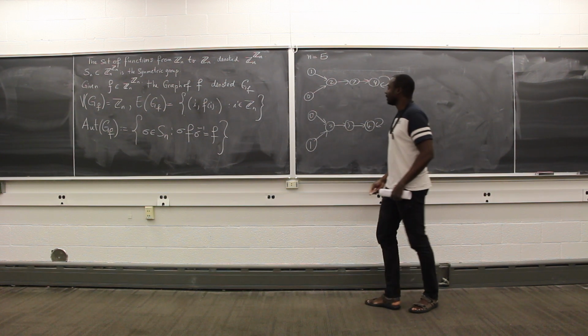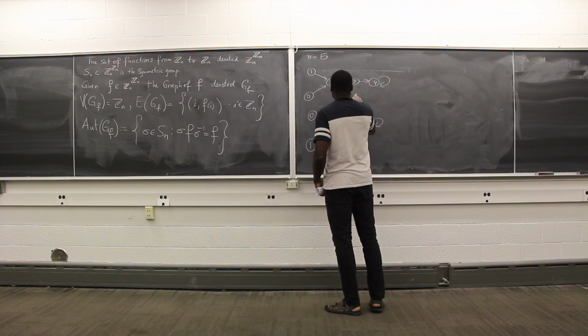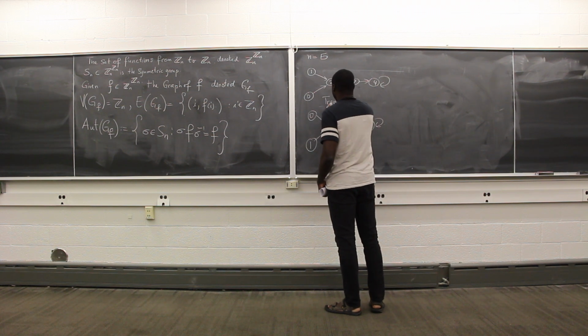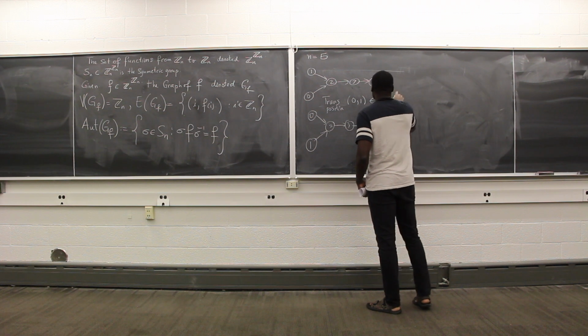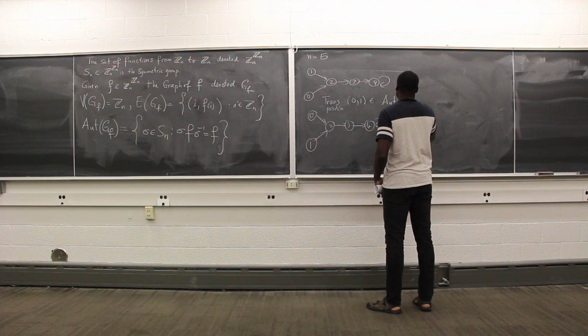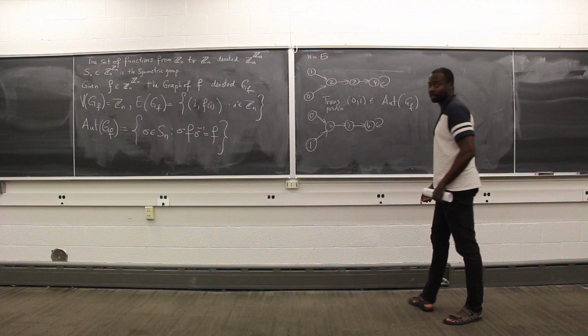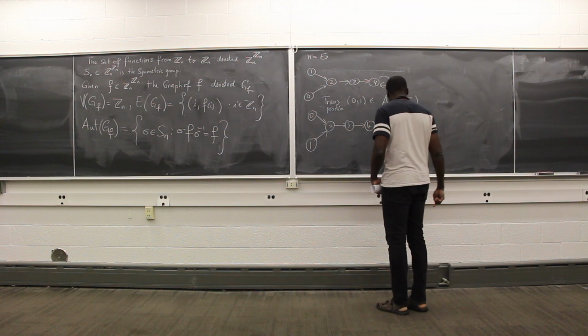So therefore, the transposition (0 1) belongs to the automorphism group of Gf.